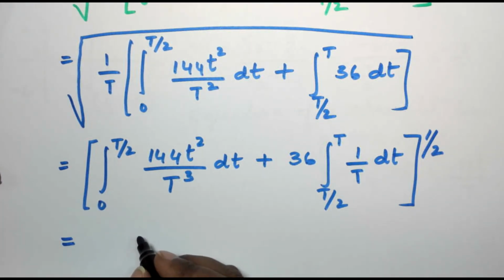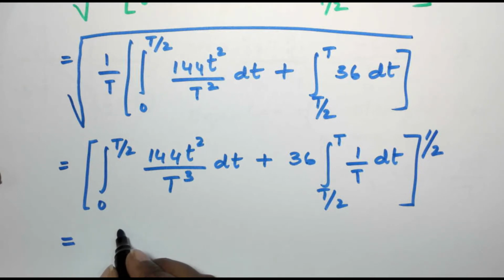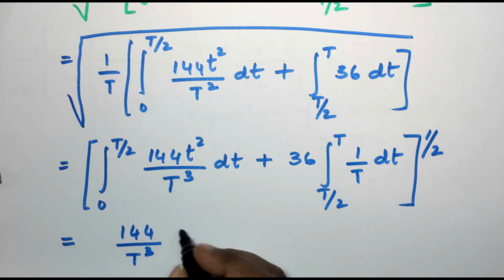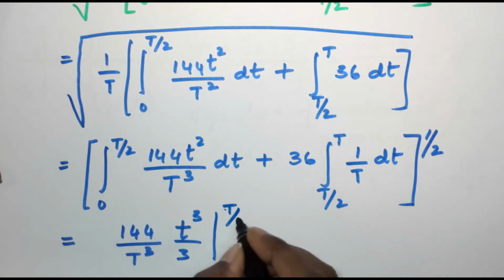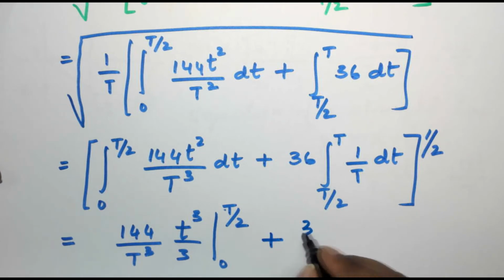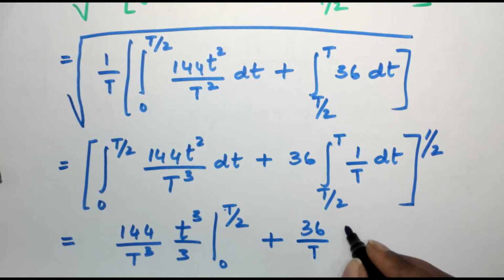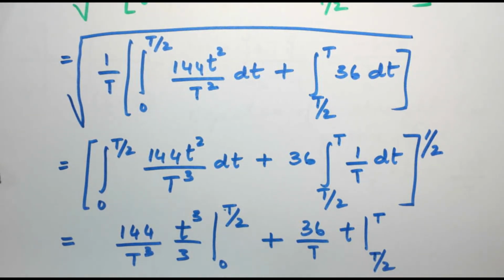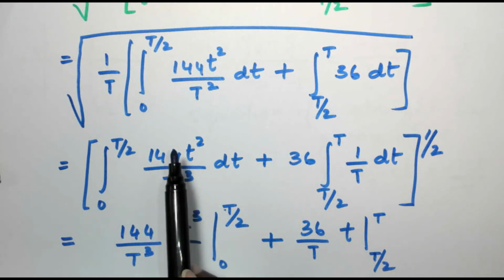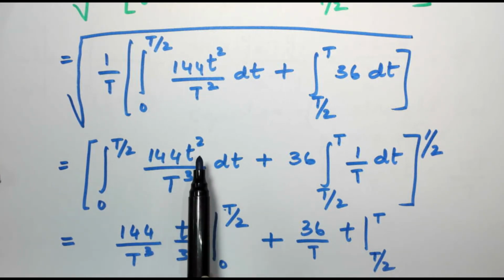Now for the next step, let's integrate. When we integrate, what do we get? We will have 144 by T cube times t cube by 3 at 0 to T by 2, plus 36 by T from T by 2 to T. I hope this makes sense. 144 by T cube is the constant here.